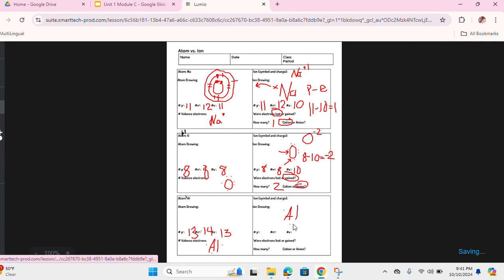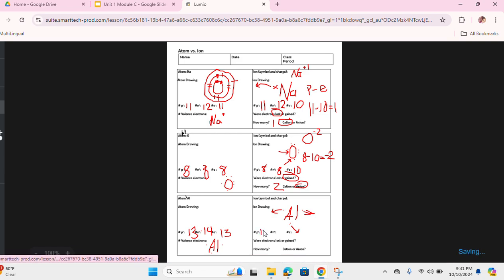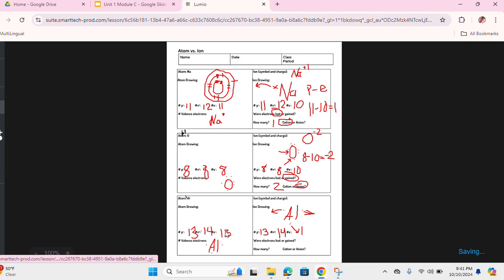draw my dots around the outside, and then draw how those electrons are going to be given away. So my aluminum here is losing its 3 electrons. Again, my proton and neutron number stays the same. But since I lost 3 electrons, I take this 13 and subtract 3, and that gives me 10.